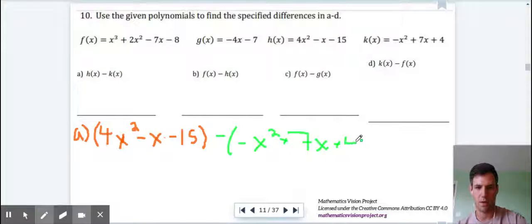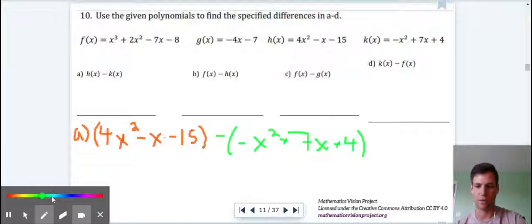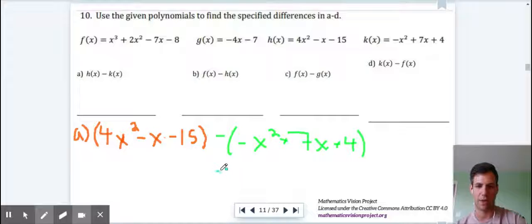So the way that I like to do it is keep everything horizontal for subtraction, because we know we're going to write this second one as everything being the opposite. So I'm going to write this second one as plus x squared minus 7x minus 4. And then the first part hasn't changed at all since we didn't do anything to it yet, and we can just write it the same way.